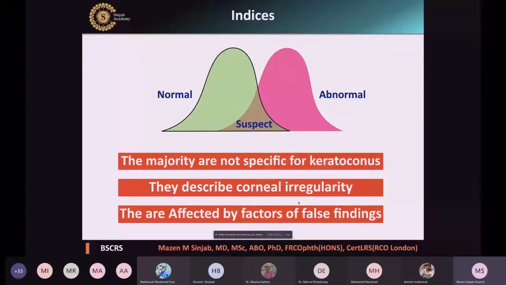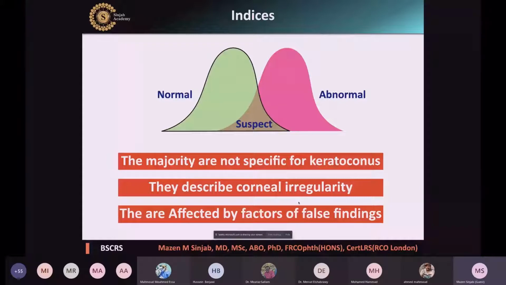Why? Because they describe corneal irregularity. So they are affected by factors of false findings, for example, dry eye, any irregularity of the cornea, scar, any opacity, any haze. So we cannot depend on those indices in diagnosis of ectatic corneal diseases.